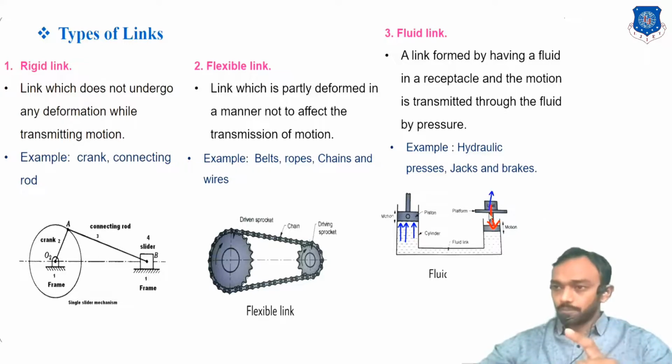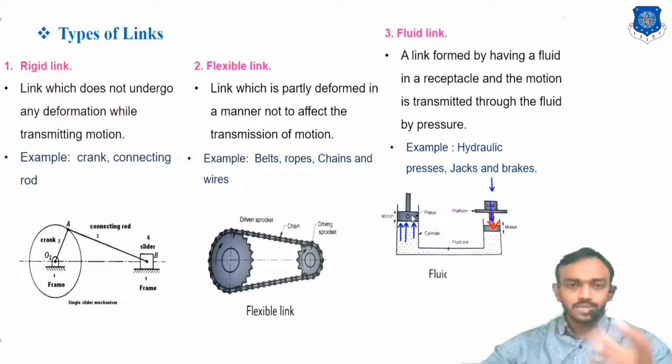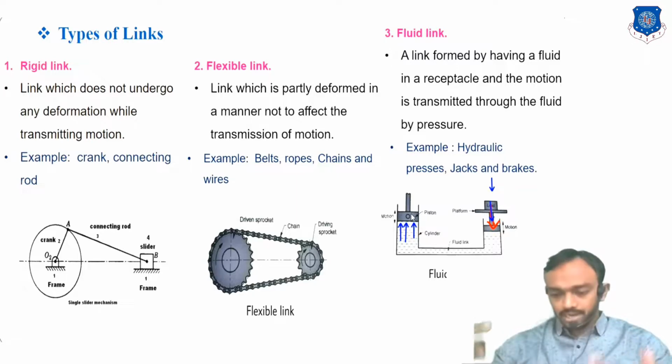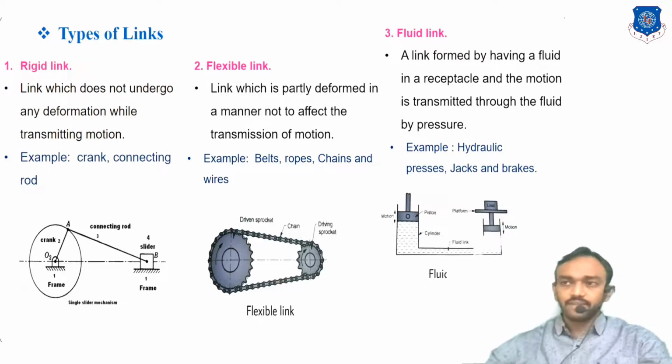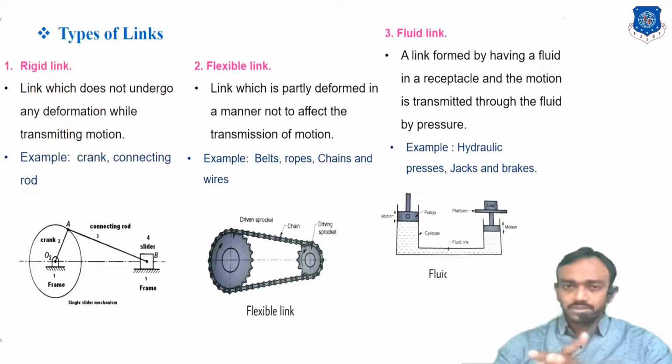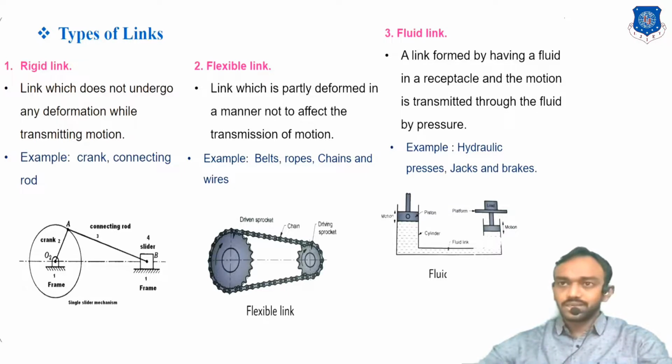We apply force here at this point and it is transmitted through the fluid. Means hydraulic brakes, you know that. Okay, you apply the brake and due to that pressure, we get the working output at that point. Okay, so this is the last link. So there are fundamentally 3 links: rigid link, flexible link and fluid link. But in our syllabus we study only the rigid link.